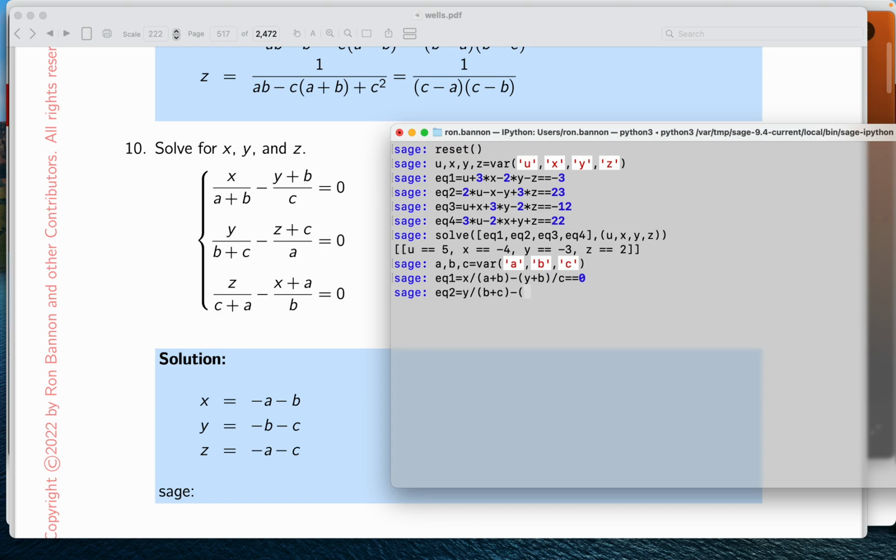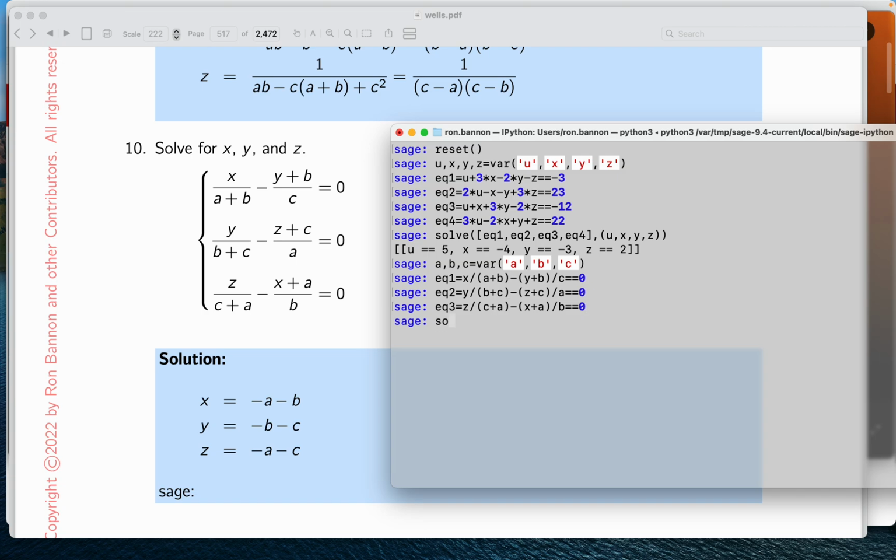Maybe it's going to make Sage choke. Sometimes it does because I'm not that much of an expert at using Sage. And that equals 0. All right, and then the last equation is going to be equation 3, EQ3 is going to be z divided by the quantity c plus a minus the quantity x plus a divided by b, and that equals 0.